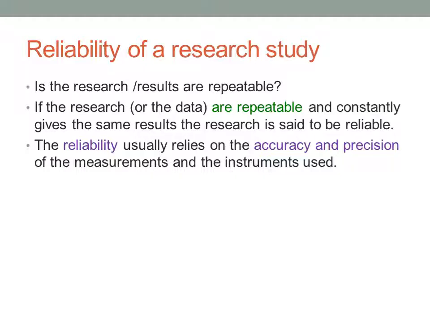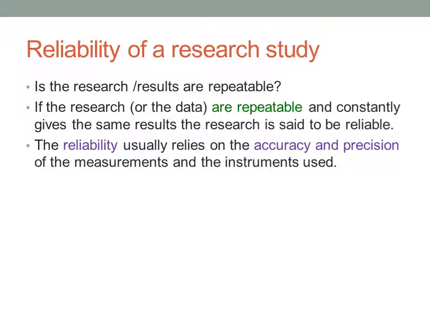Okay, now once you collect data, you need to check whether the data or results that you obtain through primary or secondary data are reliable. This is one of the key importances of collection of data.